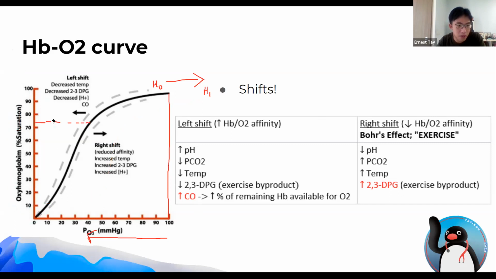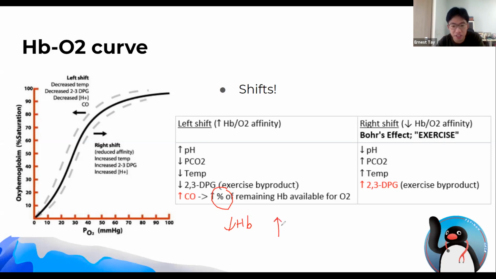Yep. And then something you need to know is the effect of CO on this curve. So for CO, if I increase my CO, then what I like to think of is that a lot of my hemoglobin will now become occupied by CO, which means that I have less available hemoglobin, right? So therefore, the percentage of saturation actually increases.